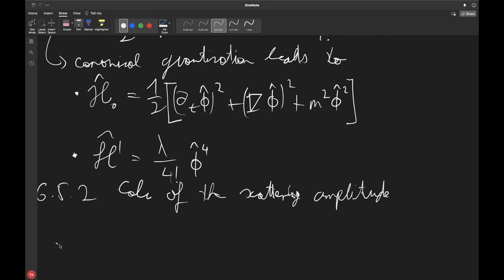This was the script A, and we remember that it is the out state and the in state, which correspond to given momenta. So let's call this momentum p and this momentum q.